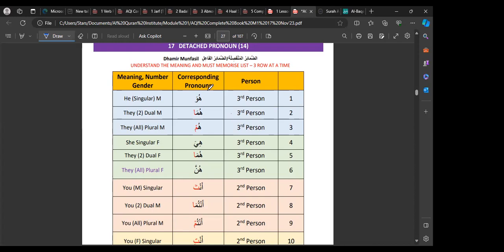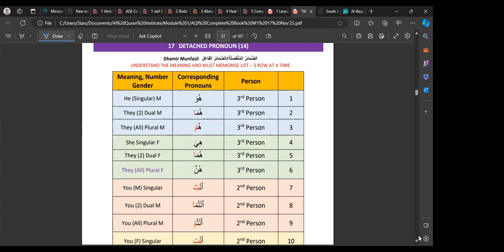And you will use the word huwa, he, if it's a male, mudhakkar. If you're talking about two people who are not present, use the dual version, humma, with a mim and an extra alif, humma. And if you're talking about lots of people who are not present, they're all ghaib, and jam', you will say hum. So to talk about a group of 3 or more people who are not present, you say hum.